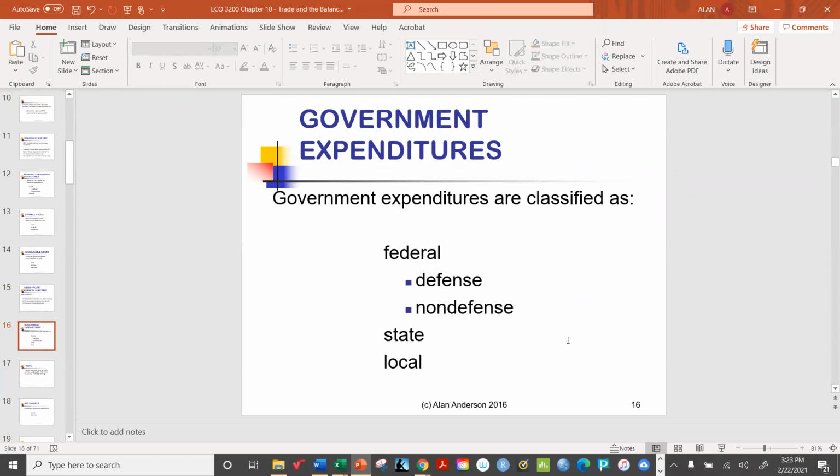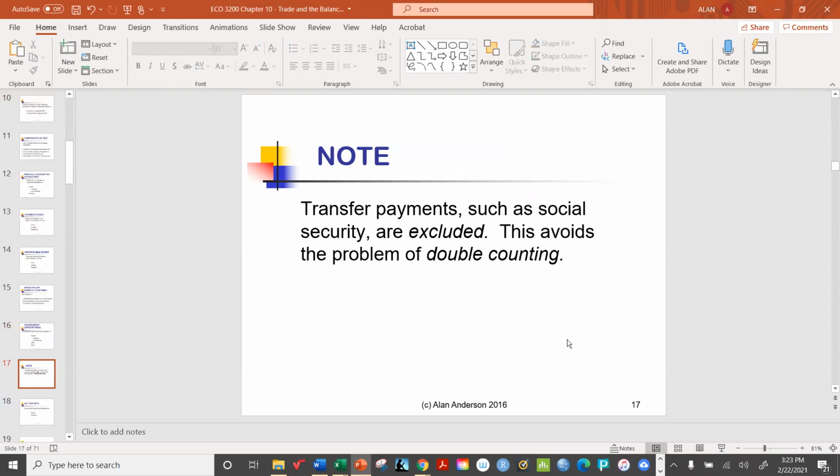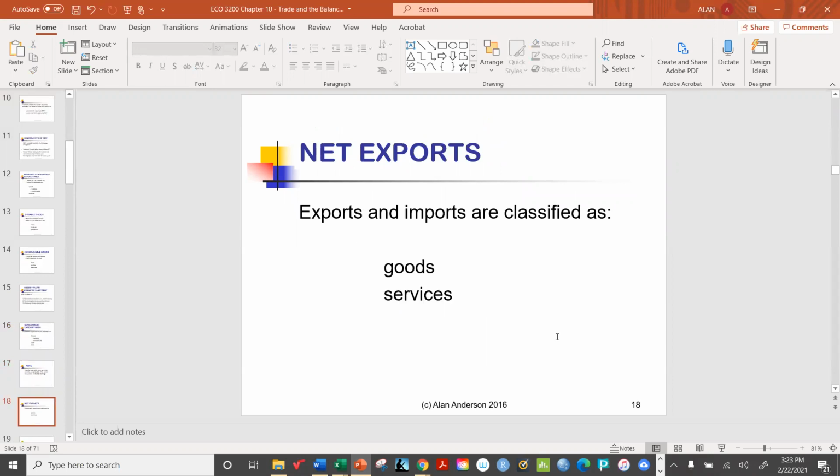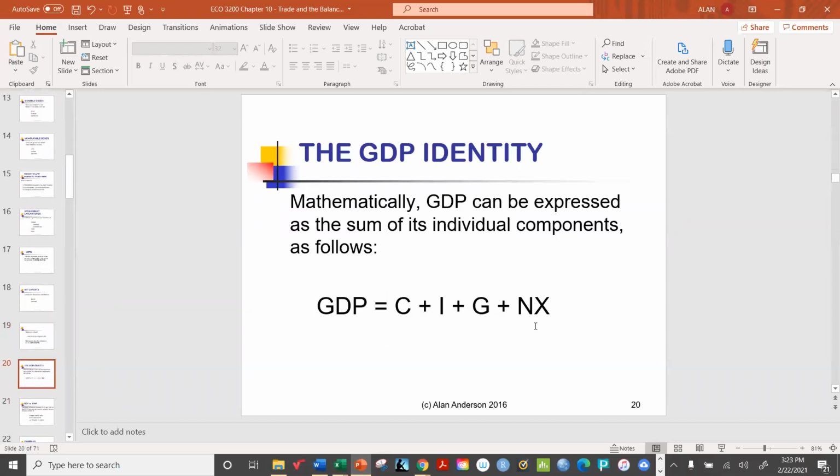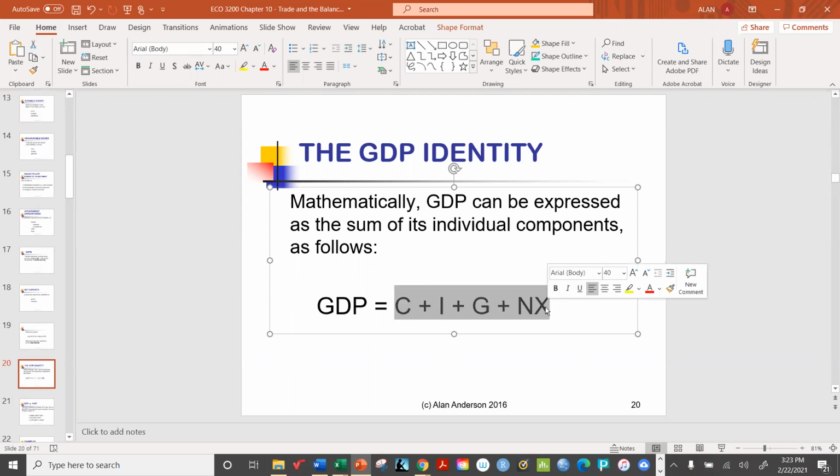Government expenditures, net exports, we know already what this means. All right, so this is good. We have our GDP identity, where all we do is consolidate all these categories, and all of these represent the entire output of the economy during a given year.